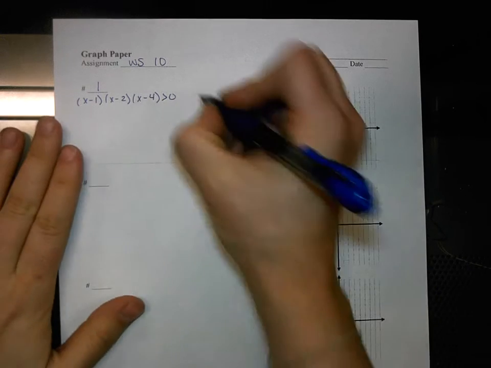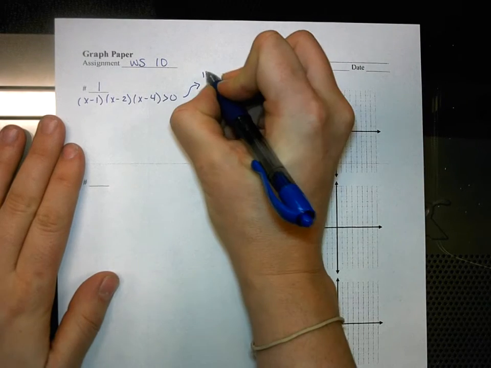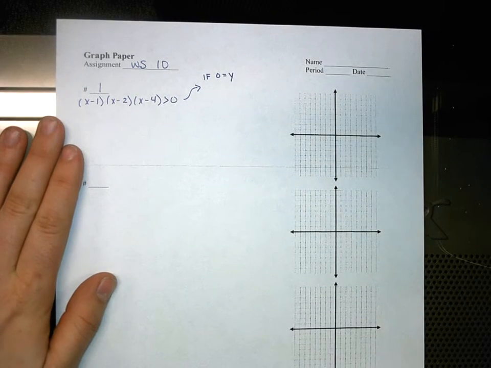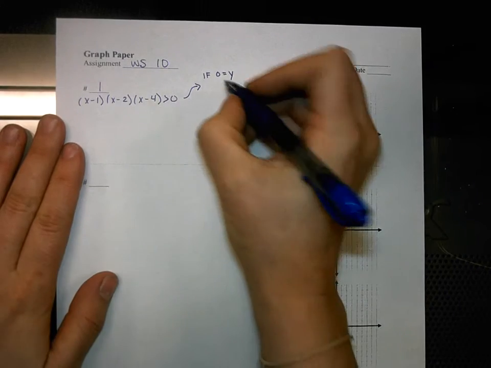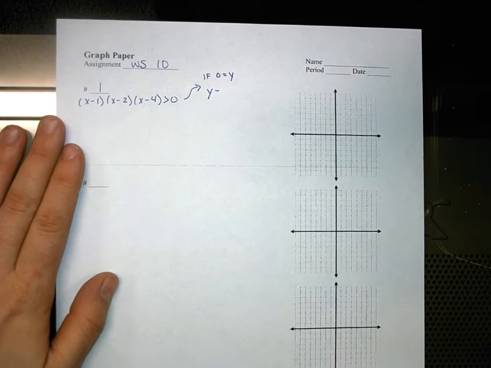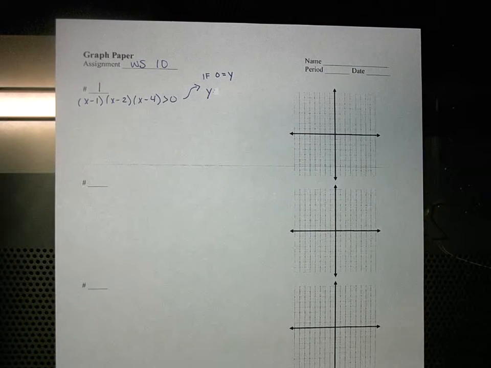So what we're going to do to manipulate this function and be able to graph it is we're going to say if this 0 was actually a y value, then what would our equation look like? I don't want to put an equal. And I'm going to write my y value on the left because you're always used to seeing your y first and then the rest of your equation, right?